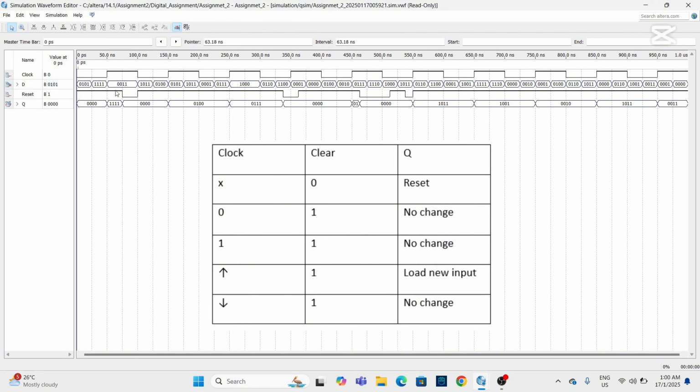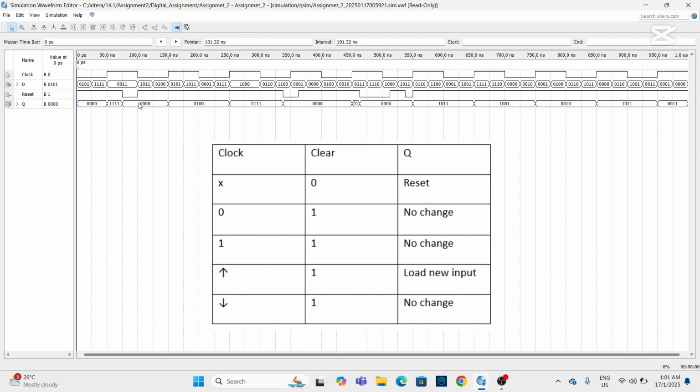So let's see this simulation. During the first positive edge, the input is loaded. So the output will be 1111. And here, although it's not at the positive edge, the reset signal is activated.